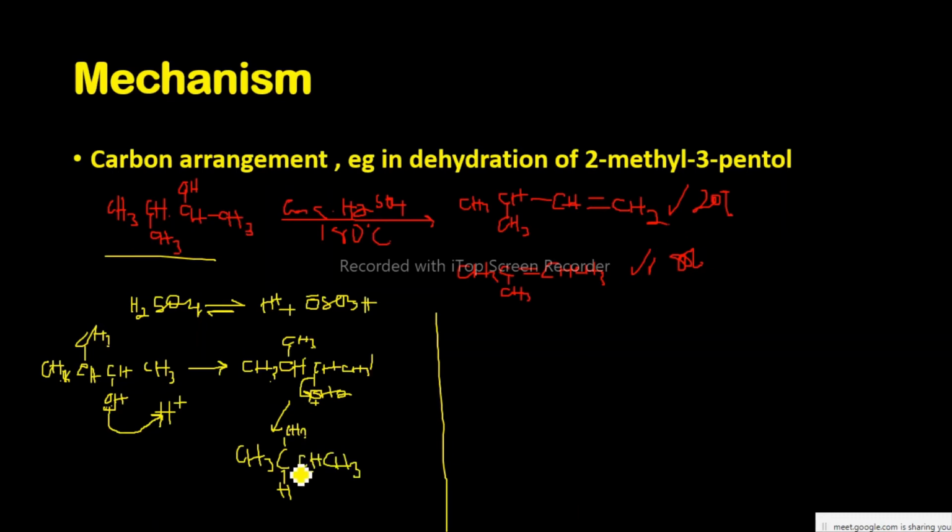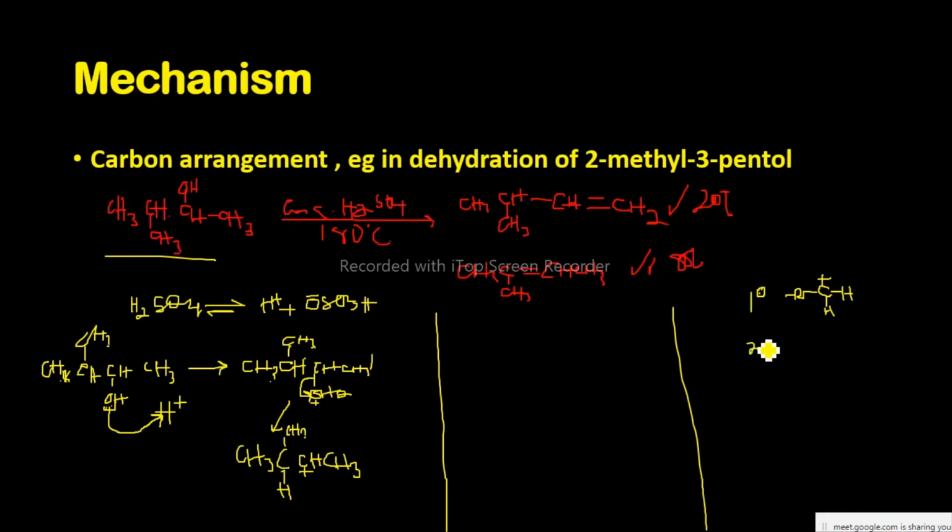This is a secondary carbocation, and we have three types of carbocations, or carbonium ions. First the primary, where the central carbon atom is bonded to one alkyl group and the rest are hydrogens. This is a primary carbocation, or primary carbonium ion.